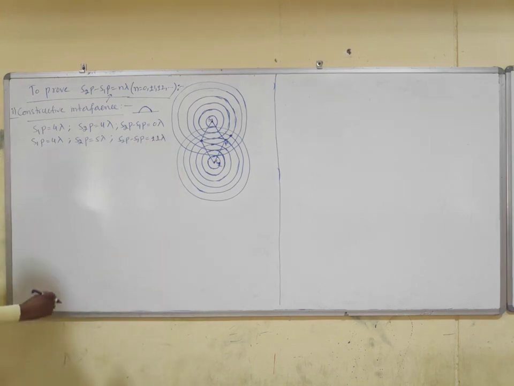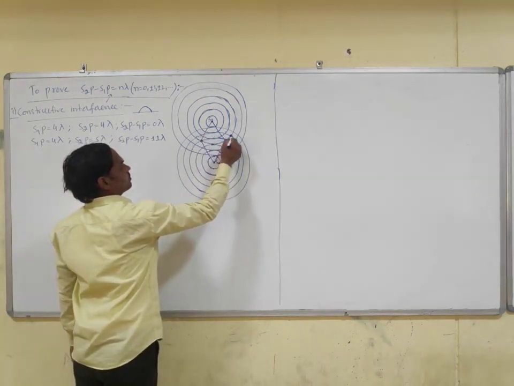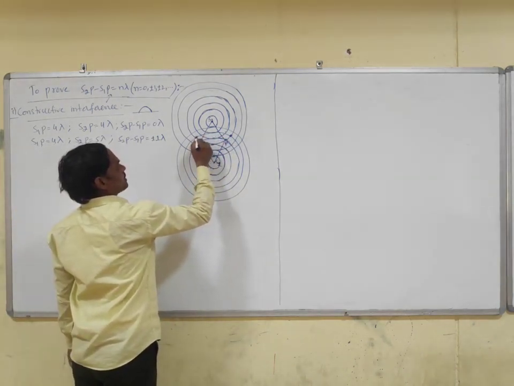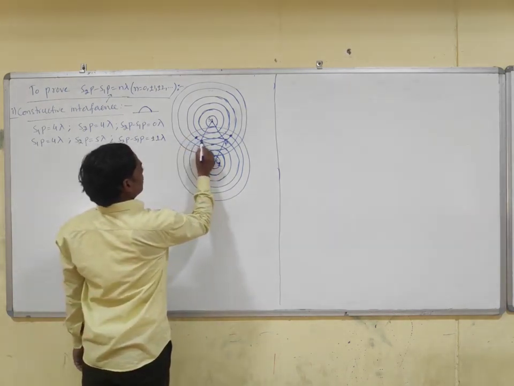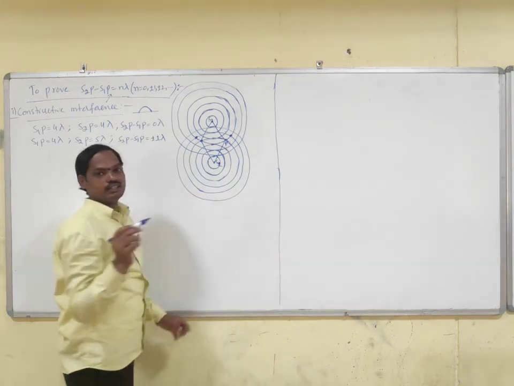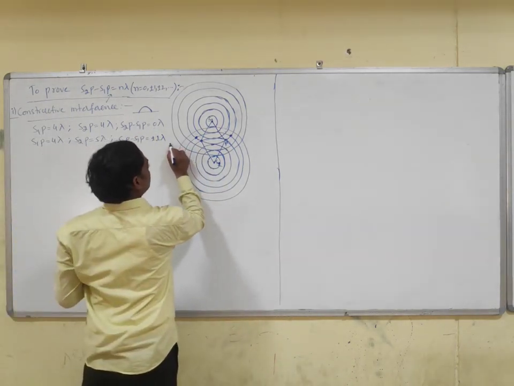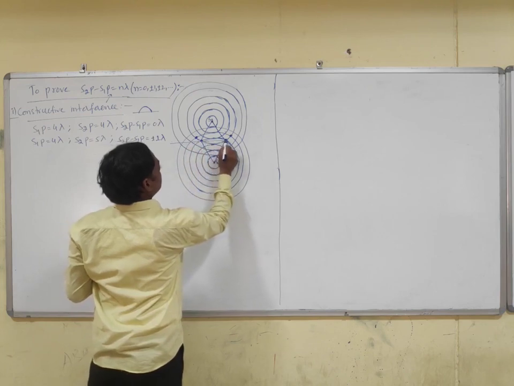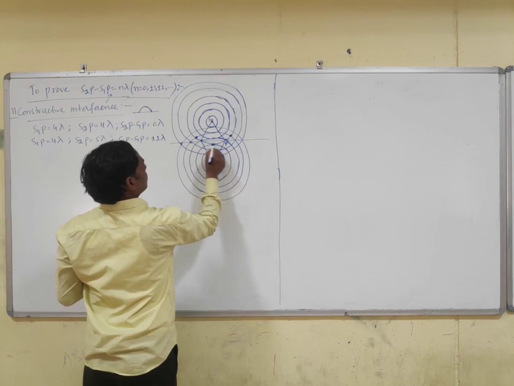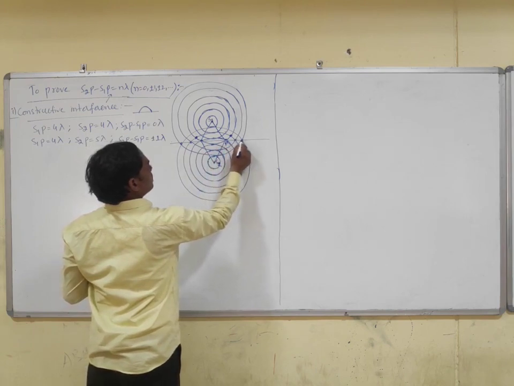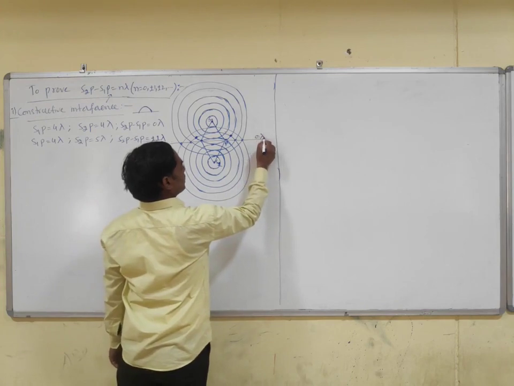Next, similarly this point will also be the same. Now let us draw a line connecting all the same points with 0 lambda. These are all the points which are equidistant from S1 and S2. So this is indicating 0 lambda.